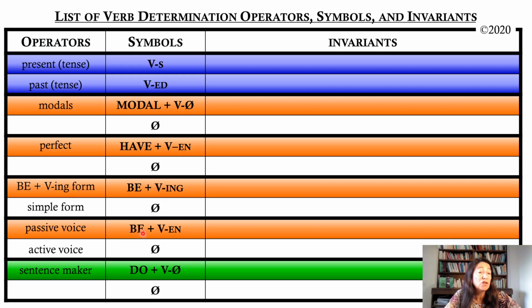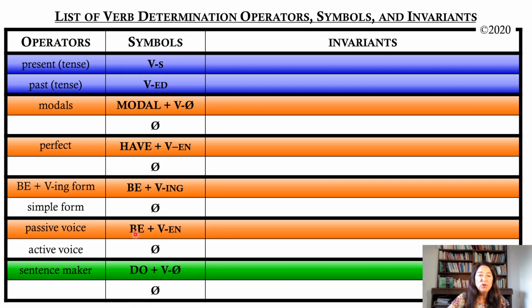So you know you need to conjugate be or have or the modal in the present or the past tense, and then add V0 or the past participle or the present participle to create whatever the symbol enables us to create. So be plus VEN to create the passive voice.